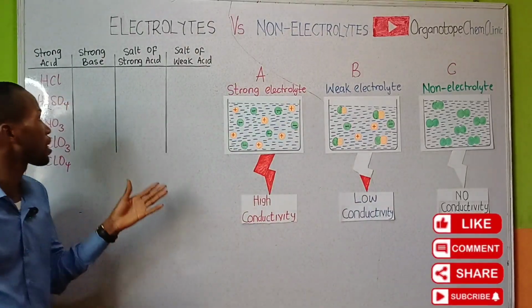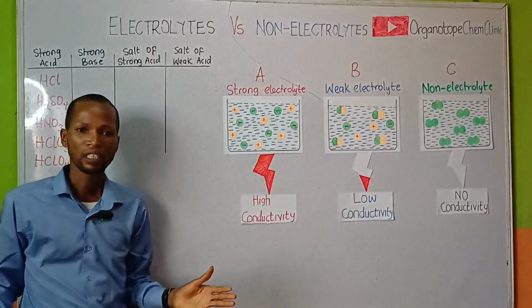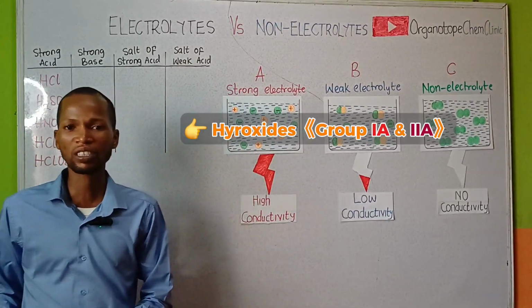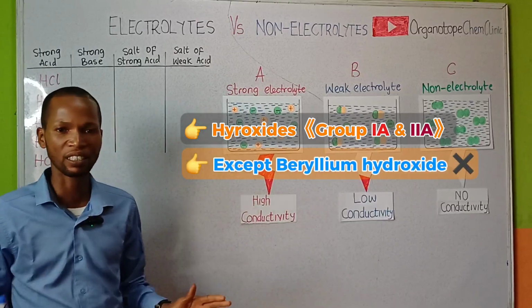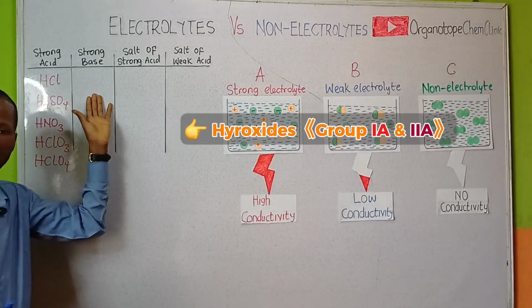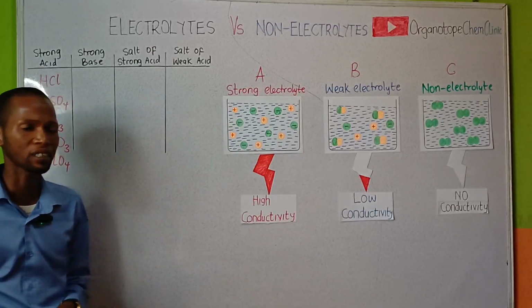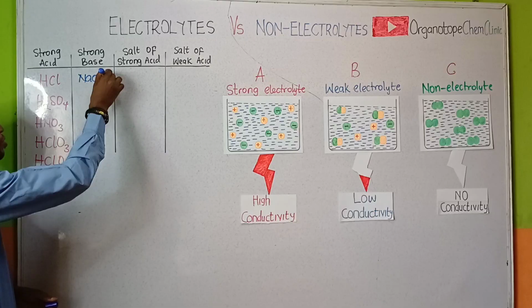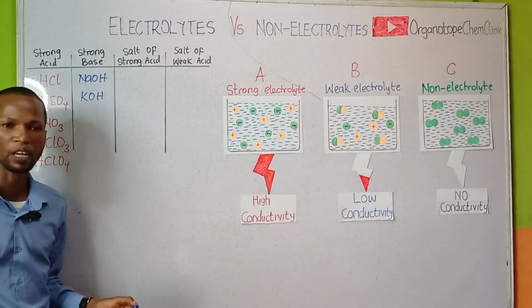Moving on, can we consider the second column where we have strong bases? The hydroxides of group 1 metals and the hydroxides of group 2 metals, except beryllium, are said to be strong bases. So can we identify the hydroxides of group 1 metals? We have sodium hydroxide. Potassium hydroxide is also a strong base.